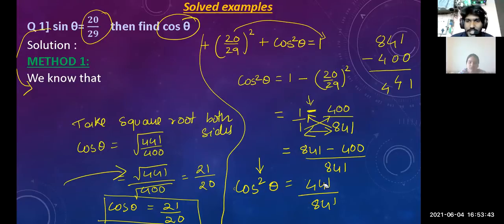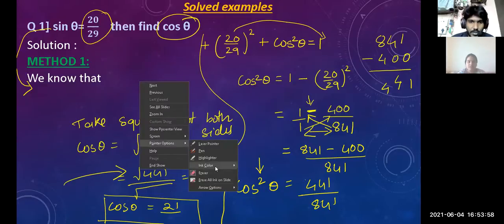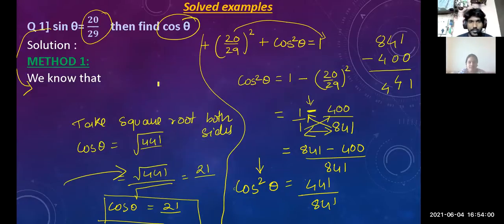See here, cos square theta is 441 upon 841, while here by mistake I wrote 400. I thought you took the reciprocal, but then when I saw it, you have not even taken the reciprocal. So a mistake. Good, you pointed out the mistake.